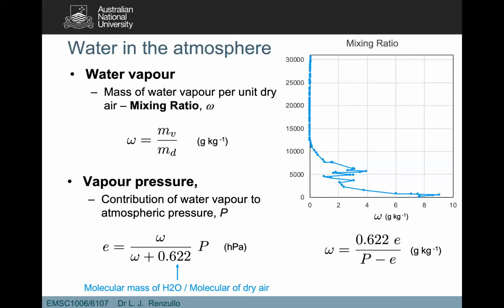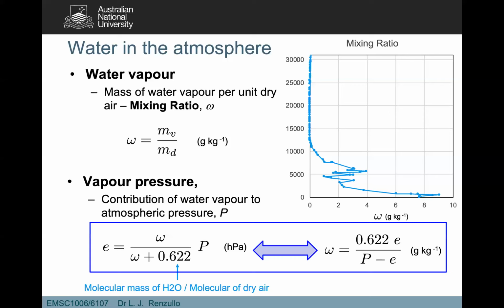We can rearrange this equation to give us the mixing ratio as a function of saturation vapor pressure. So we can switch between the two, and this will be important for your prac later this week, where you'll be quantifying the amount of water in the air, and you'll be switching from vapor pressure to mixing ratio.